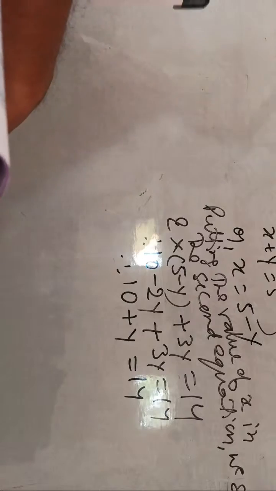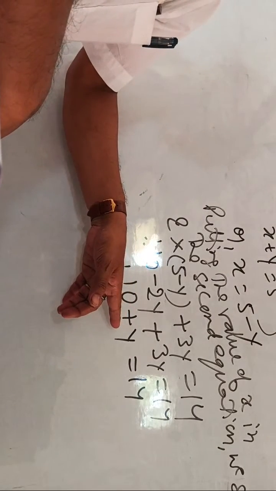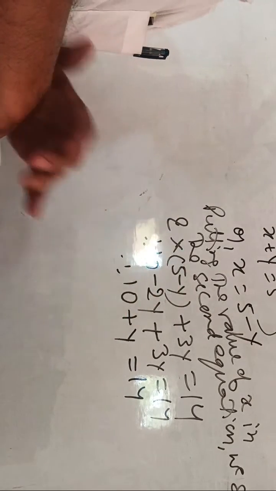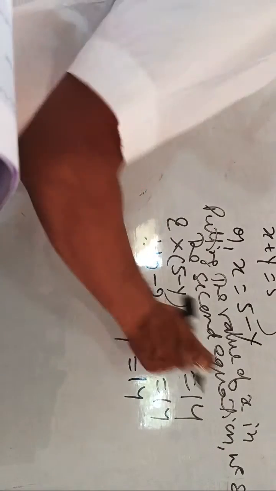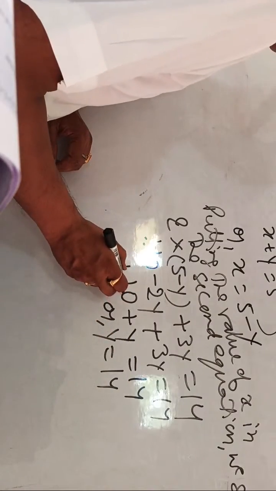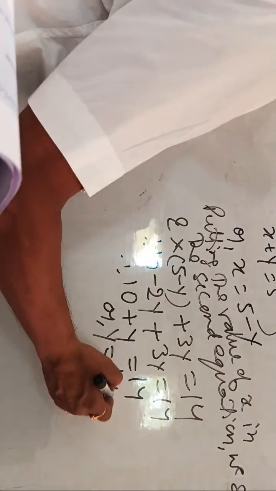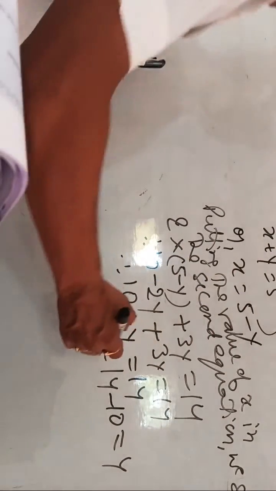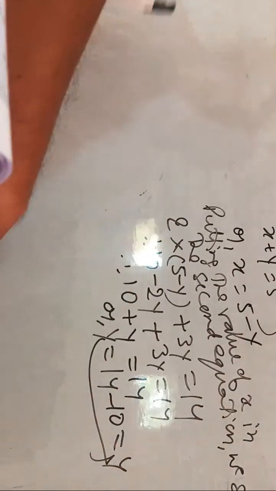To find y, we keep y on the left hand side and take 10 to the right hand side. 14 minus 10 is 4. Therefore, the value of y comes as 4.